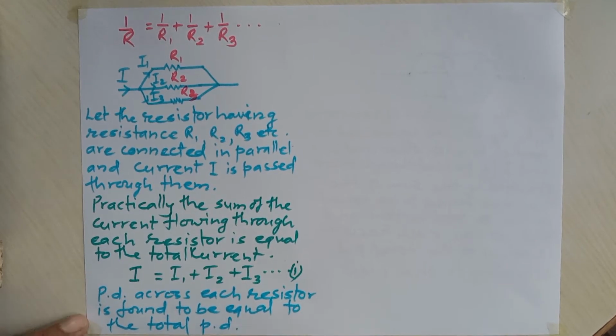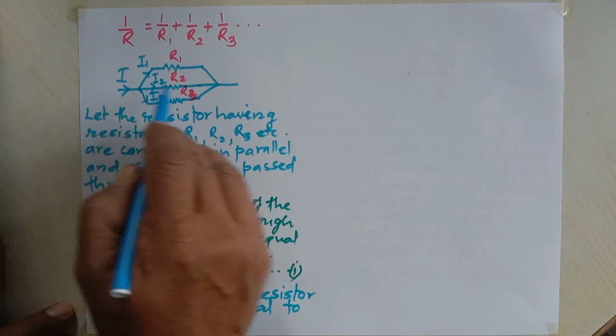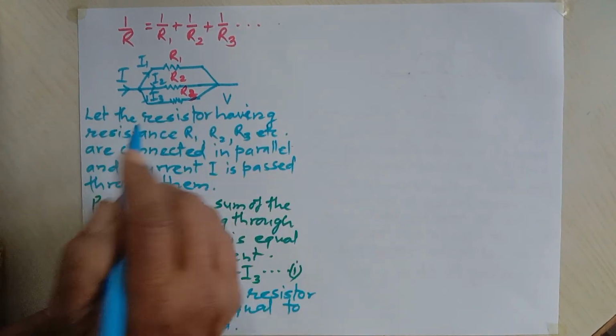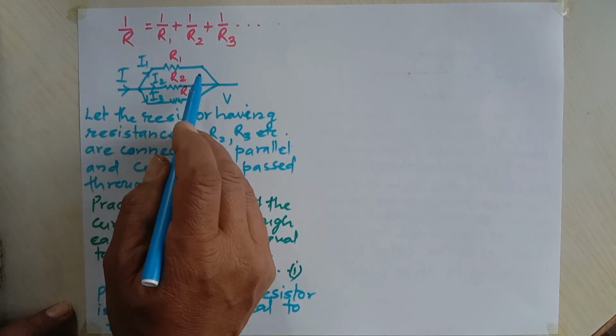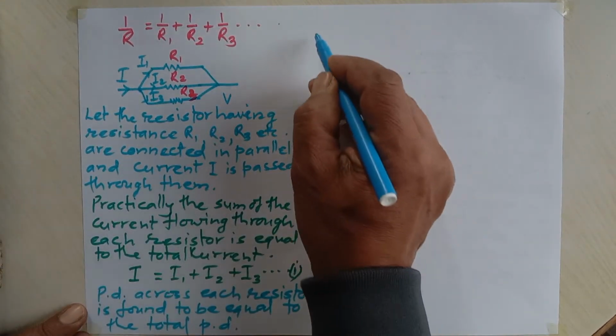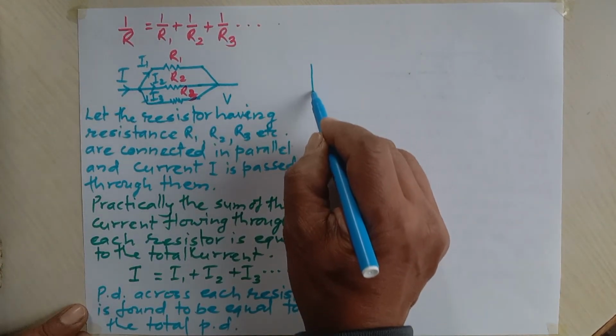Total potential, what does it mean? The potential difference between these two points, let's say this point to this point, is V, then the potential difference across the first branch is also V, second branch also V, third branch also V. That's why PD is not unequal. PD across each of them is found to be equal.